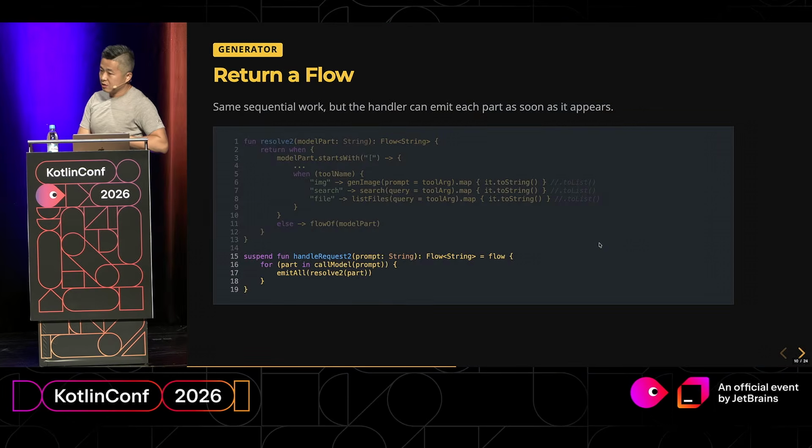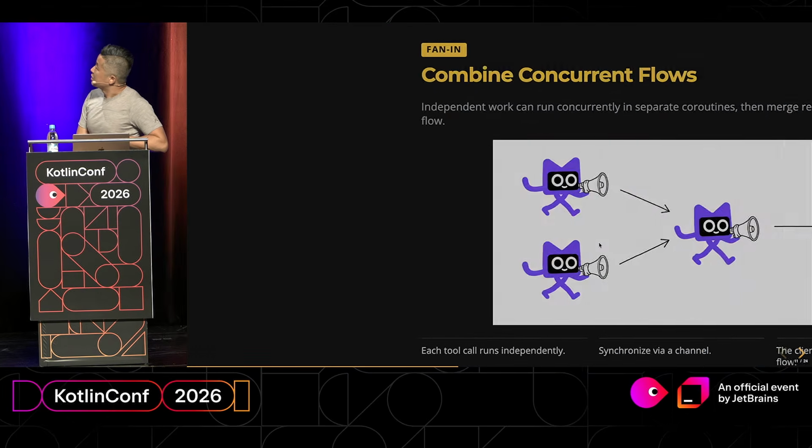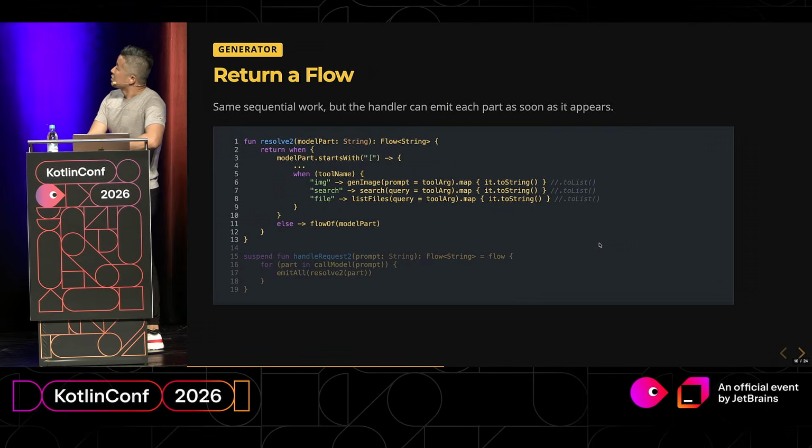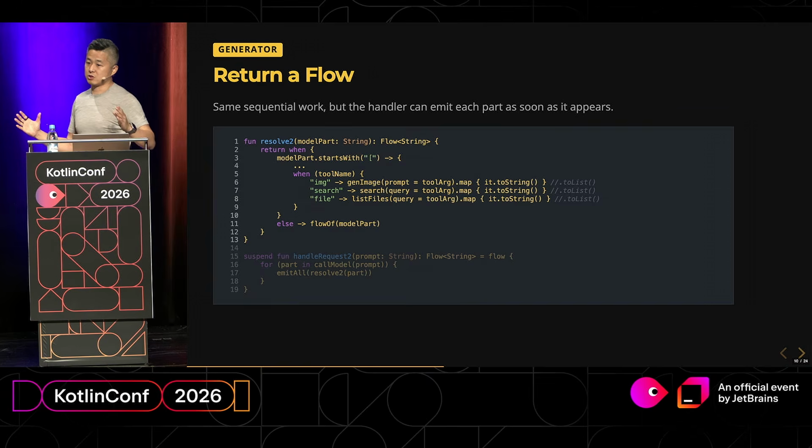Let's go back to this. This is still good. What it achieves is a reduction of the time to first byte for the client, but the overall execution time is still pretty long, right?